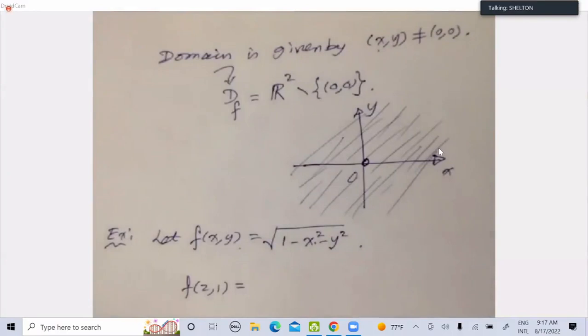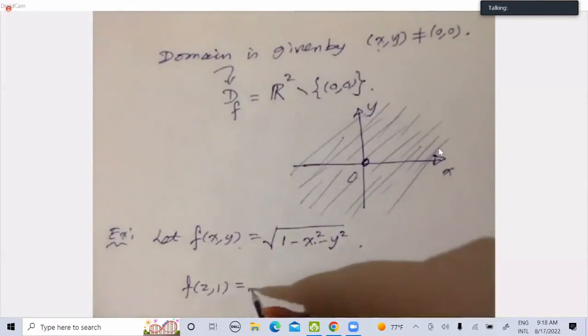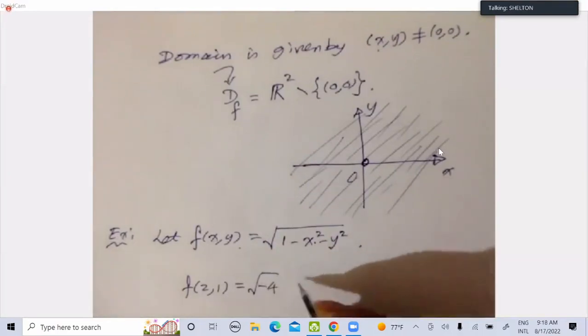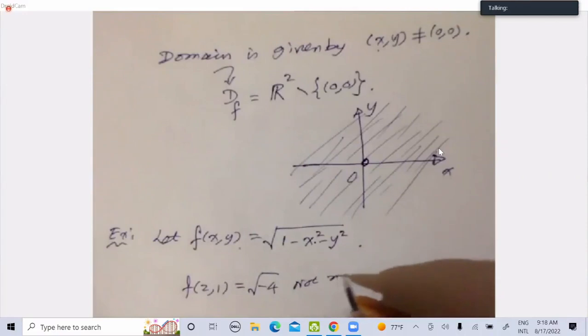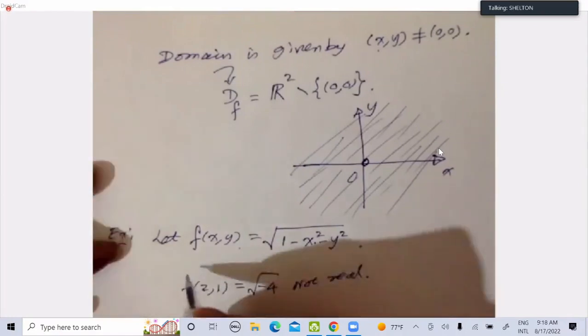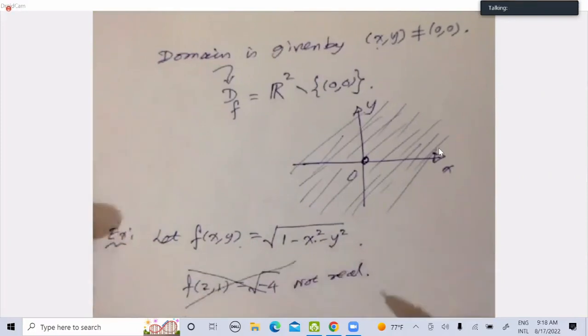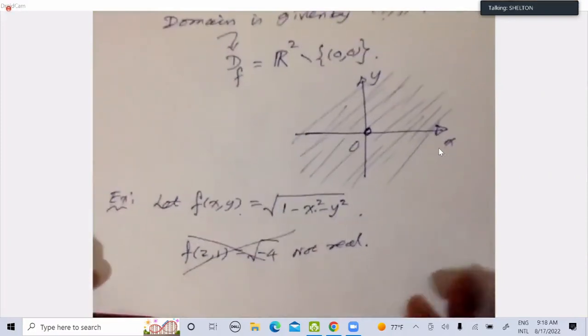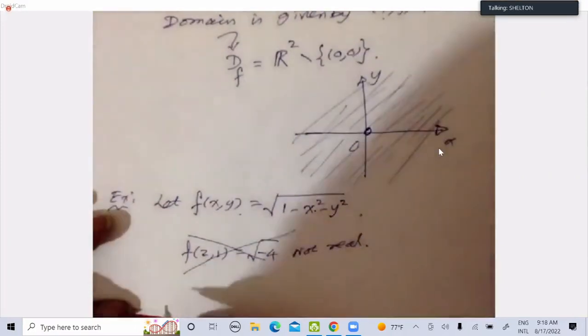F of 2 comma 1 is going to be square root of minus 4, no? Not real. So 2 comma 1 cannot be a point in the domain. Not real. What is the domain of this function? Domain of f.